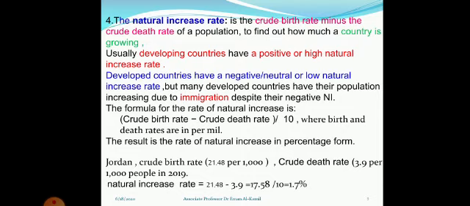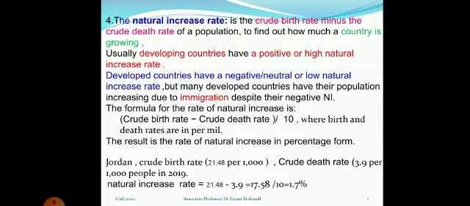Also, another rate is the natural increase rate, which is equal to the crude birth rate minus the crude death rate of the population, to find out how much our country is growing.